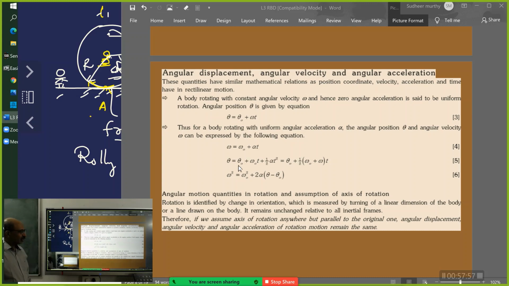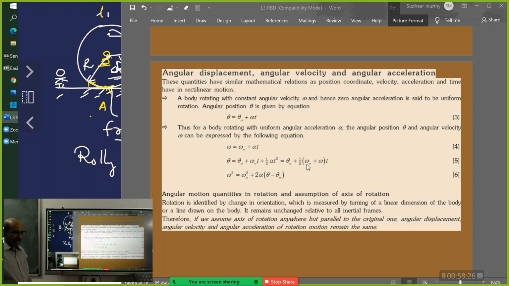And we used to write s is equal to ut plus half at square. So here theta is equal to theta naught plus omega naught t plus half alpha t square. And this other form, most books don't highlight: theta is equal to theta naught plus half omega naught plus omega into t. Please appreciate this. What is half omega naught plus omega?